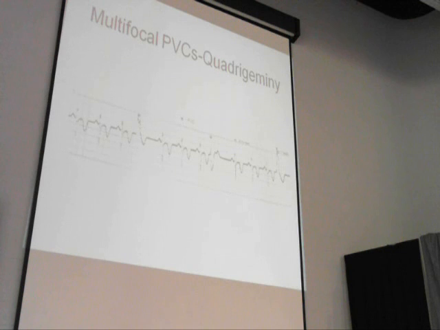We call those PVCs, premature ventricular contractions. The ventricles on their own, with no instruction from anywhere else, initiate an impulse.